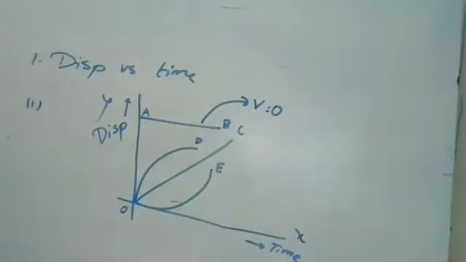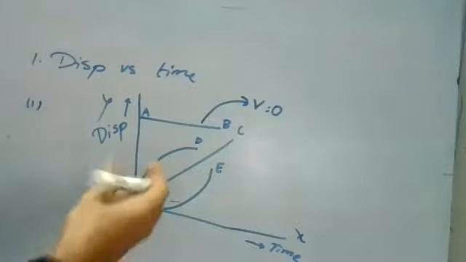Second point. If the graph is a straight line inclined to the time axis, in brackets O to C, OC shows that the body is moving with constant velocity.